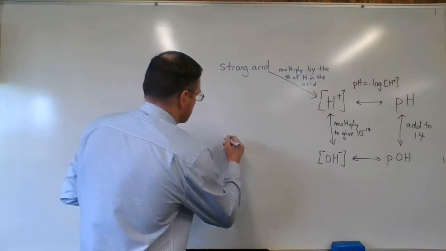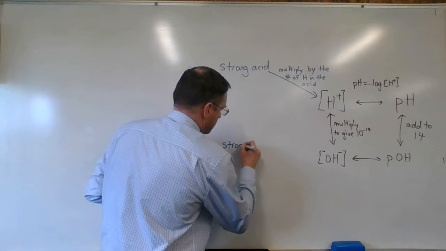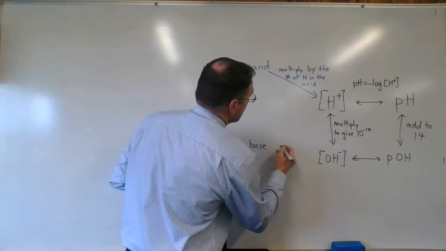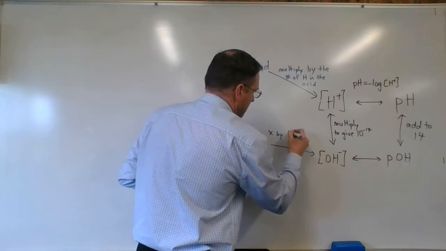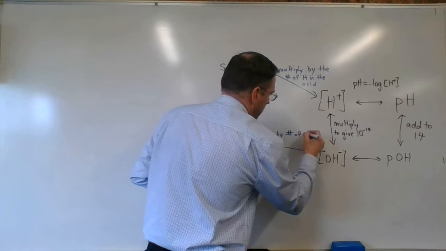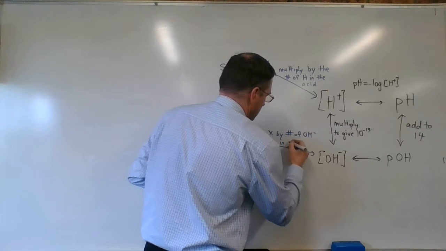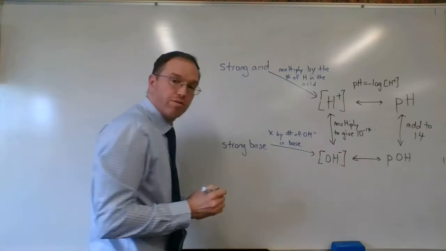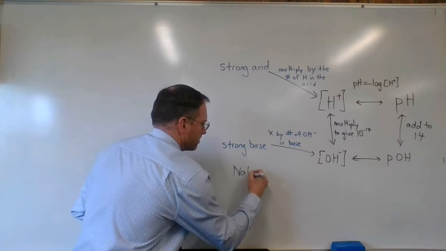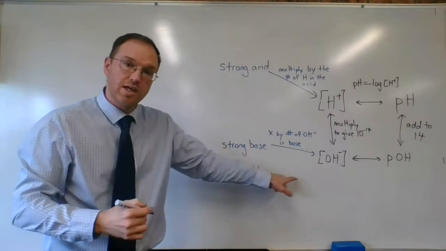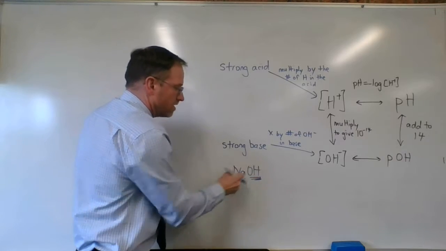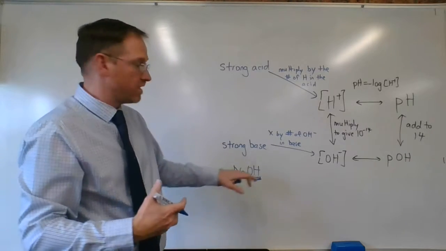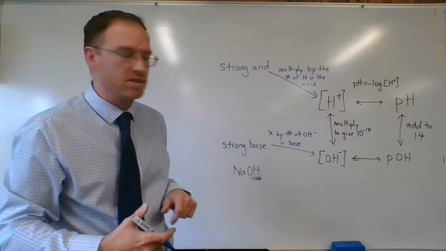What if it's a strong base? If it's a strong base, it's exactly the same. Right? You would just multiply by the number of hydroxide ions in the base. So if, for example, I had sodium hydroxide, when that dissociates, it will form one hydroxide ion for each of these. So my concentration of hydroxide ions is going to be exactly the same as the concentration of the base.